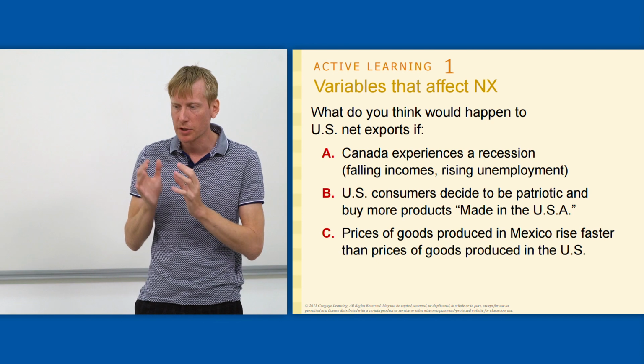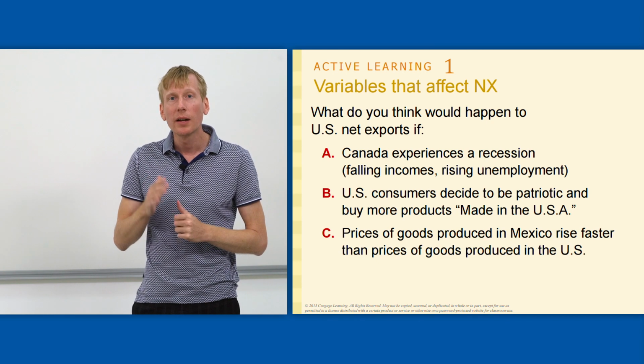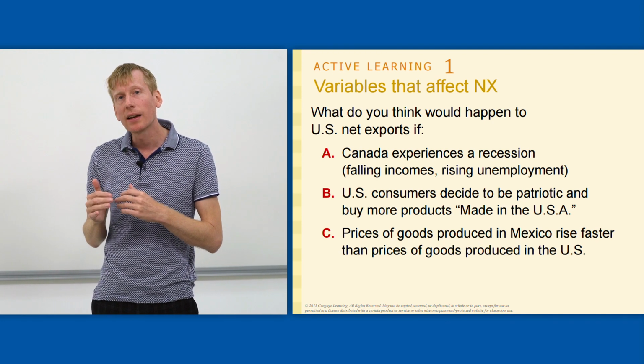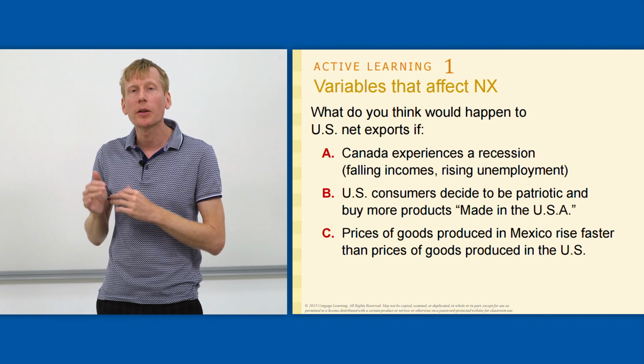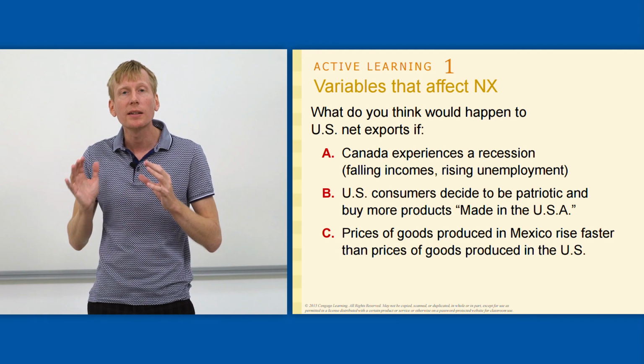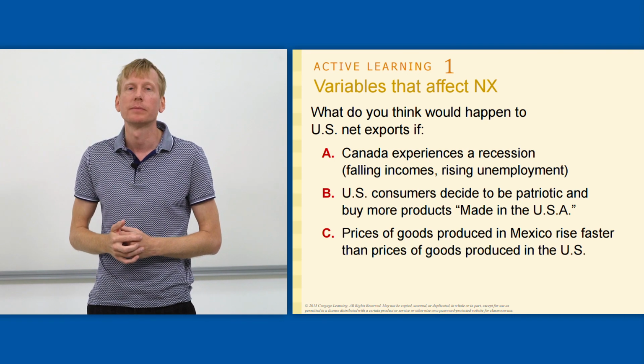As our last example, suppose prices of goods produced in Mexico, another important trading partner of the United States, are rising, and they're rising faster than prices for goods that are made in the United States. So relative to American things, Mexican things are becoming more expensive.